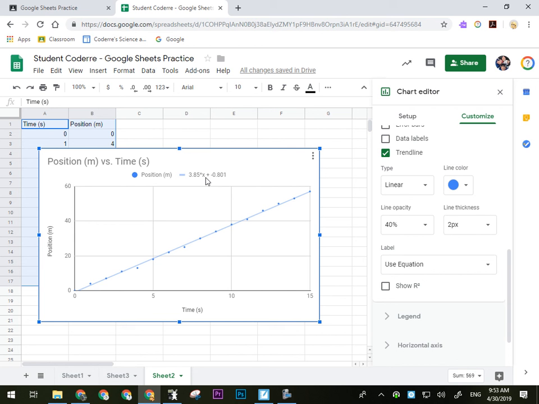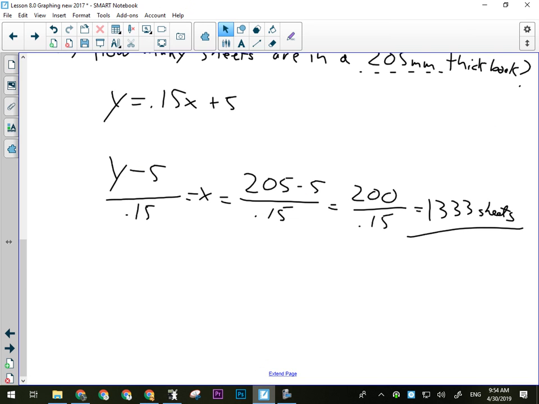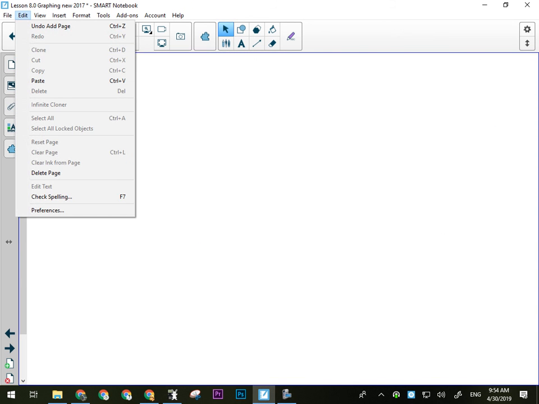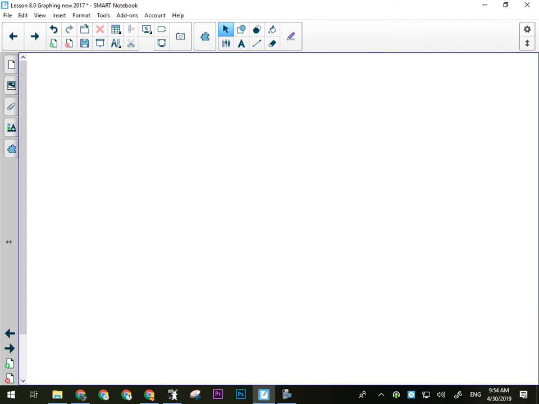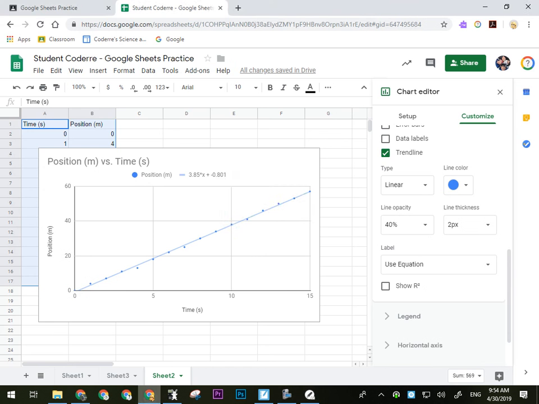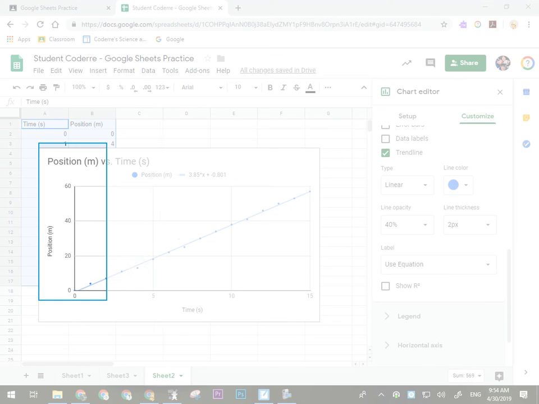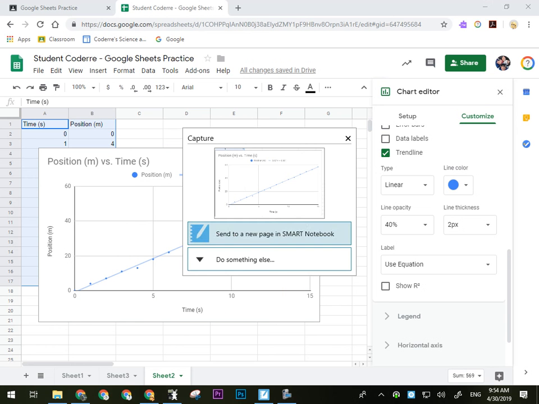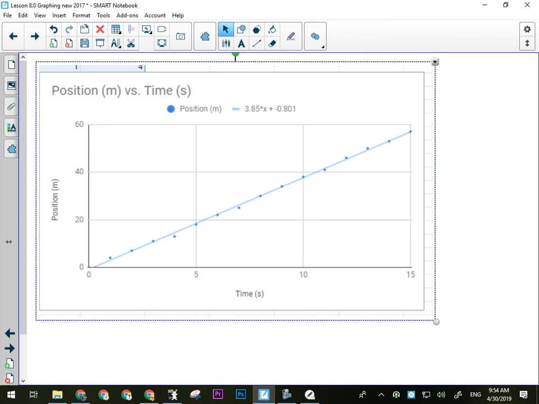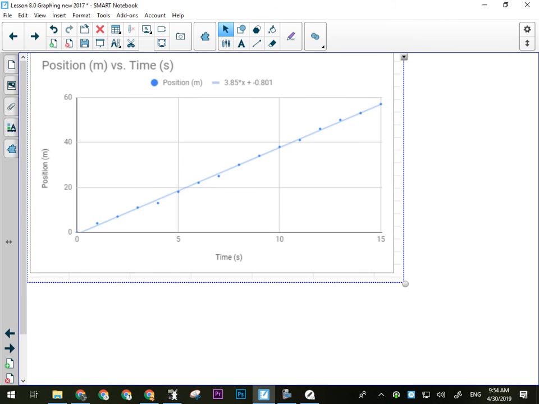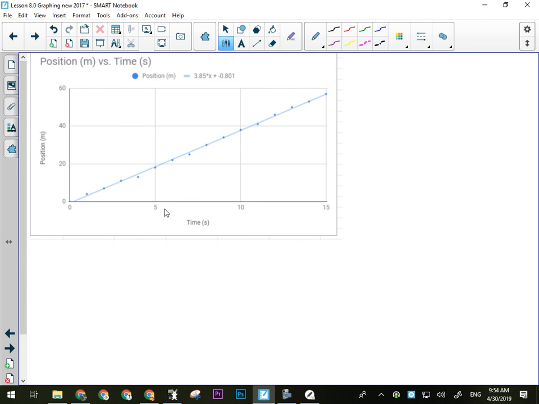All right, so I think we've got time here to do this one. Let's bring it over. If we've got our position versus time graph here, and you guys have the same one, I want you guys to calculate two things for me.